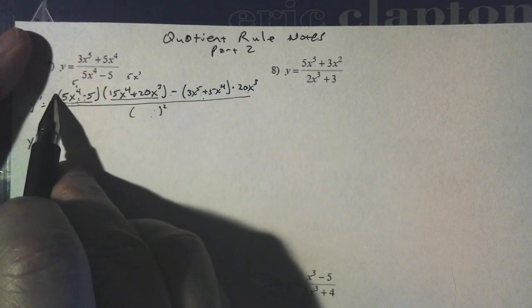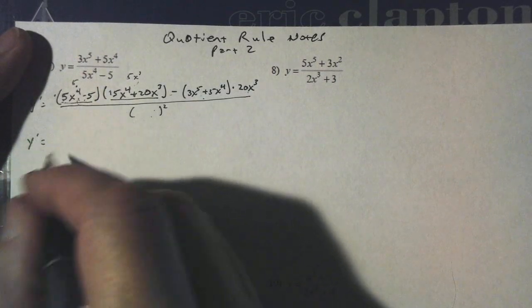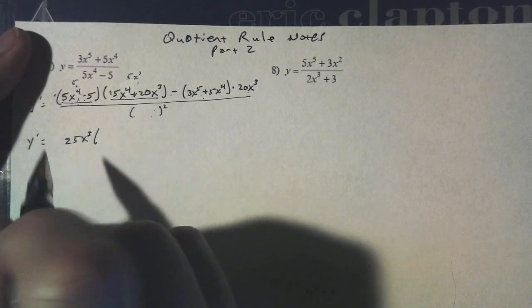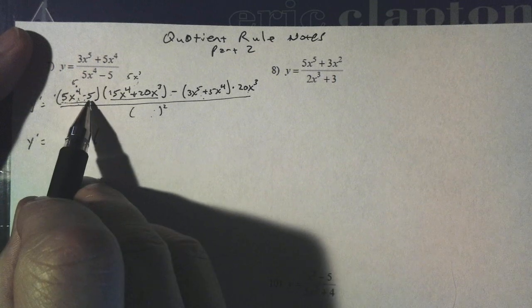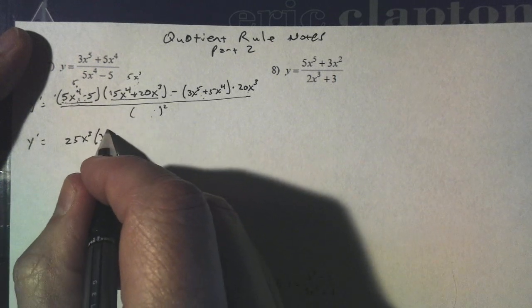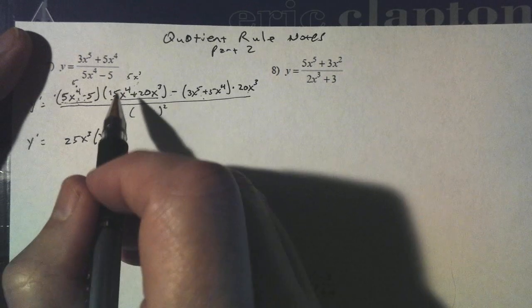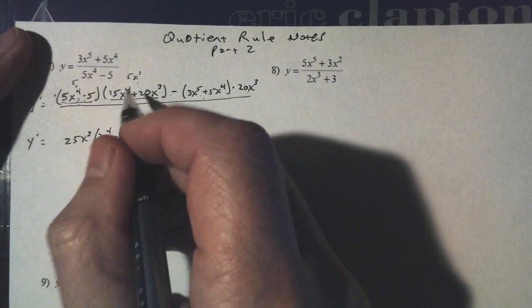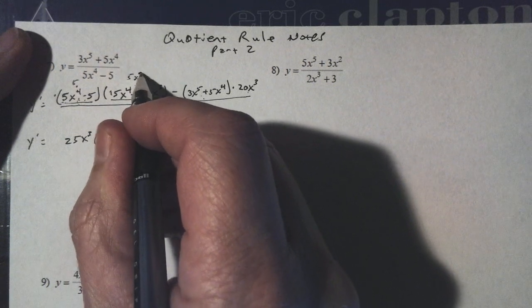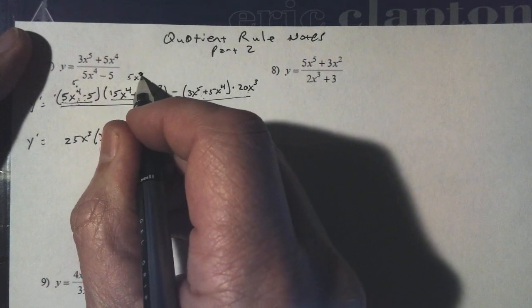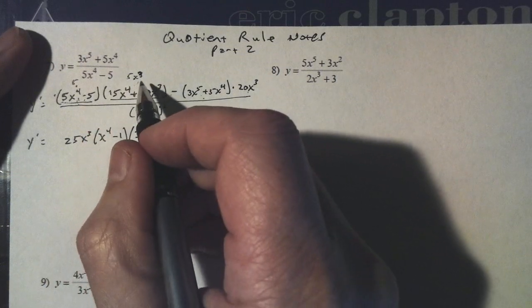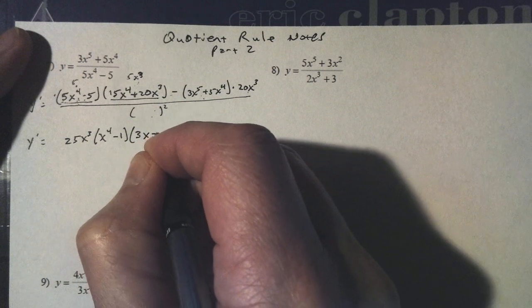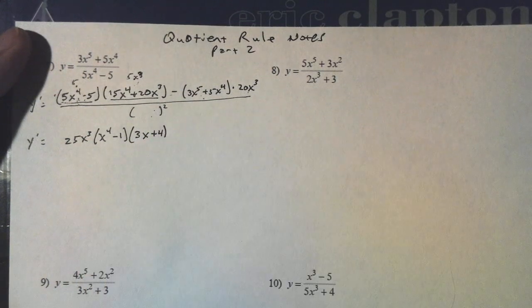So by the time I take a 5 out of here and a 5x to the third out of there, I've taken a 25x cubed out of those terms. 5 of it from here leaves me with x to the fourth minus 1. 5x cubed from here leaves me with 3x plus 4 there.